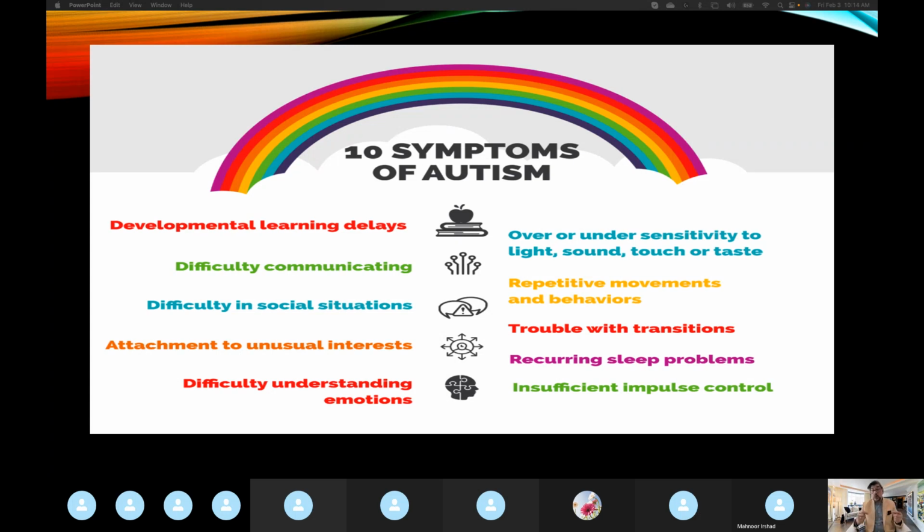Difficulty in social situations, meeting new people, going to new places, or changing rooms. If they are asked to move from a room where they are comfortable to another room, they will probably start having behaviors that can be unmanageable. Then attachment to unusual interests.